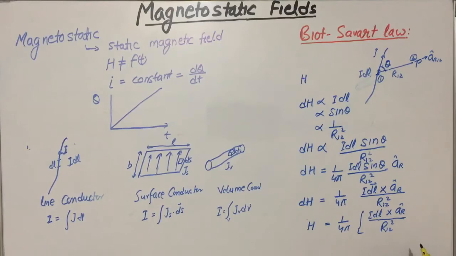Based on the different types of current, we can replace this IDL. If it is in line conductor form, then we can say IDL. If it is a surface conductor, then I can be replaced like this. Here, by the way, this is the linear current density, ampere per meter, not the ampere.